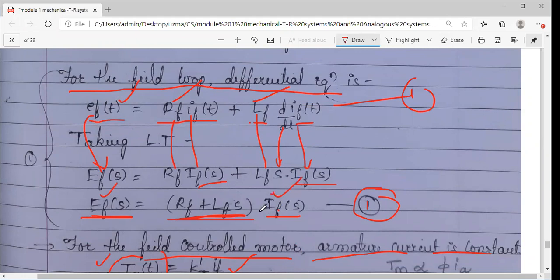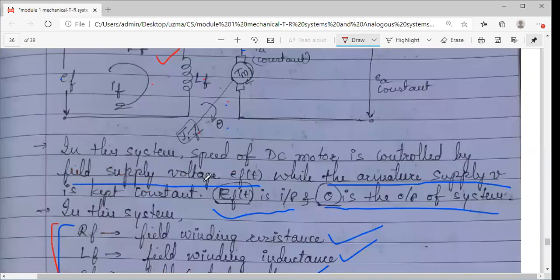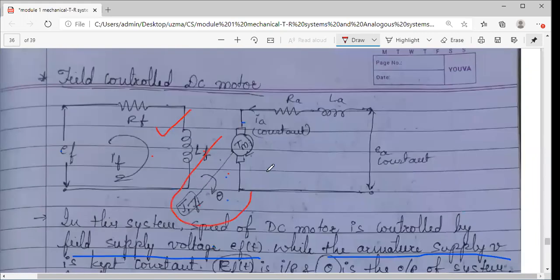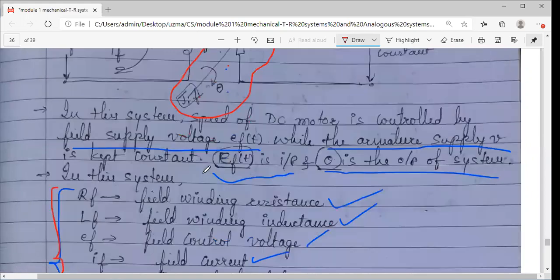But we do not need this current, because we want the transfer function. The output is theta, so displacement theta. So we want theta by EF. So somehow we should replace this IF. For that, for this other mechanical system, we will write one more equilibrium equation, the torque equation.